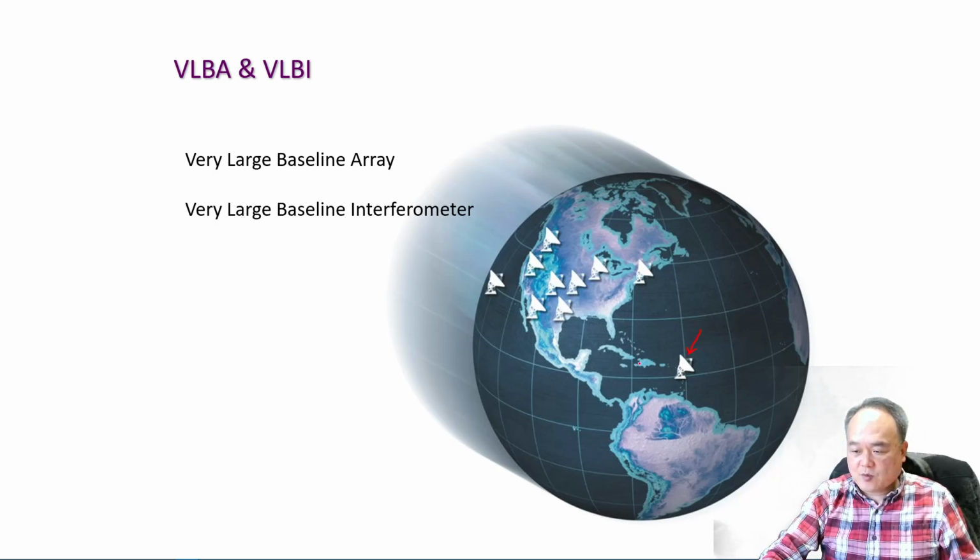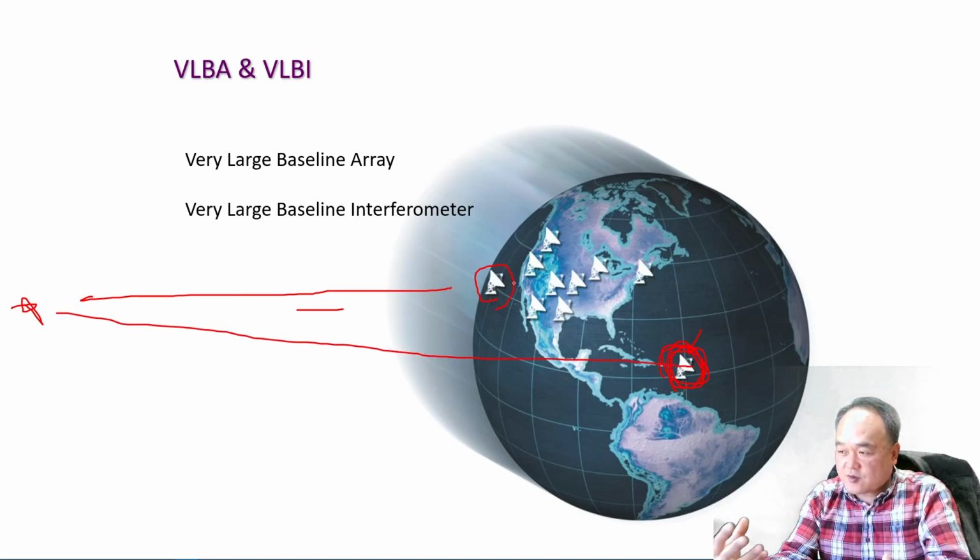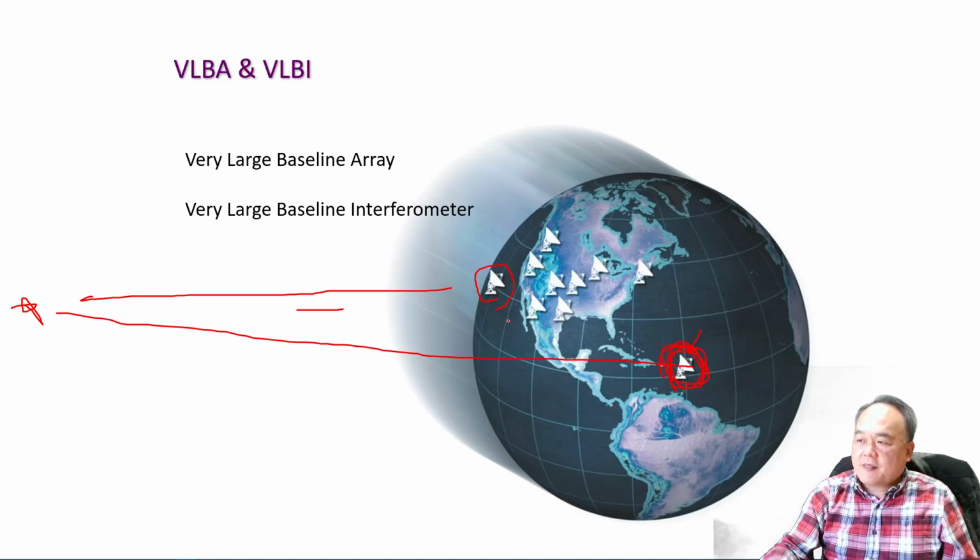Imagine one in Puerto Rico, for example, one in the Atlantic, and one in Hawaii, looking at the same object simultaneously. These can be described as a single dish that achieves the angular resolution defined by a telescope of a diameter separated by several thousand kilometers.